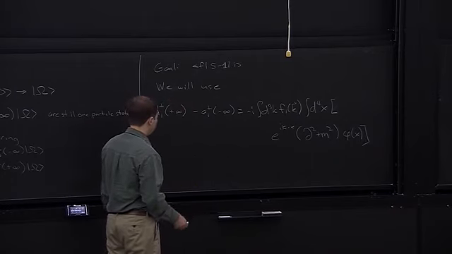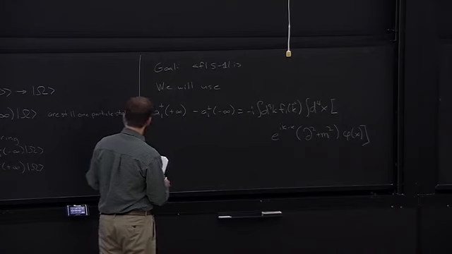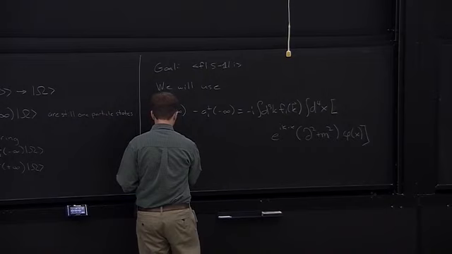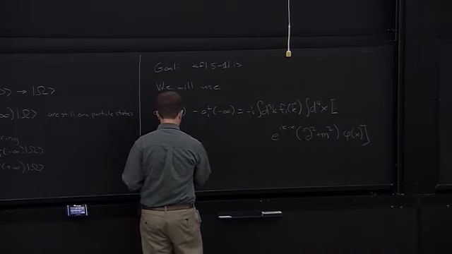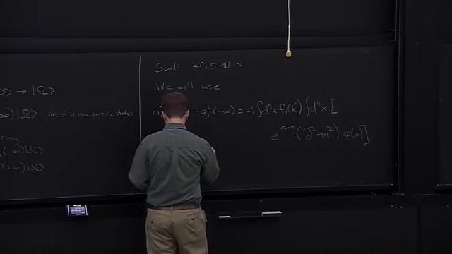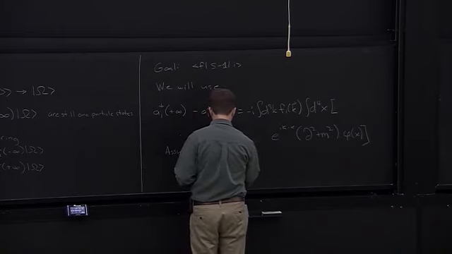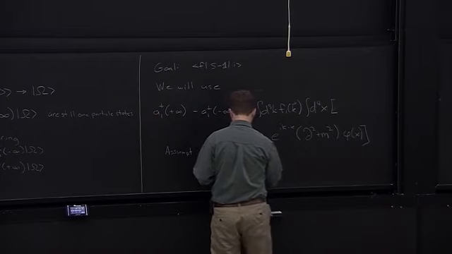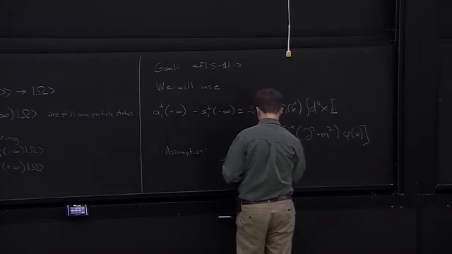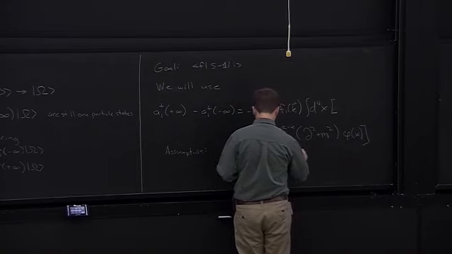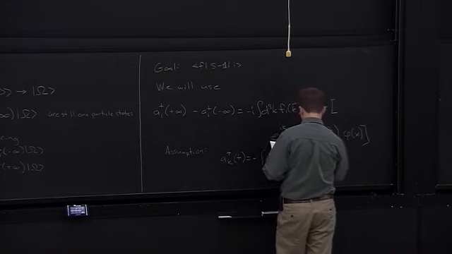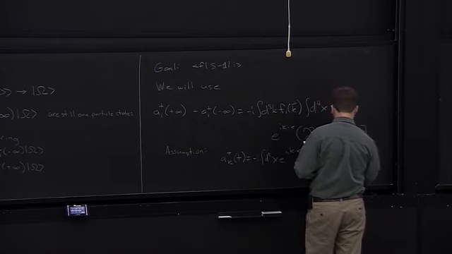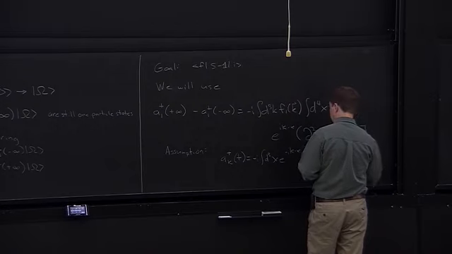And the assumption we will need to make in order to derive this is that even in the interacting theory, a_k dagger of t is minus i integral d3x e to the minus ikx, d0 phi of x plus i E_k phi of x.